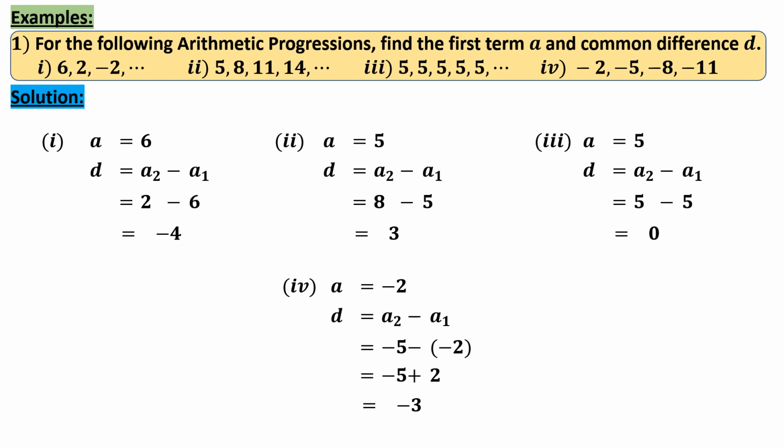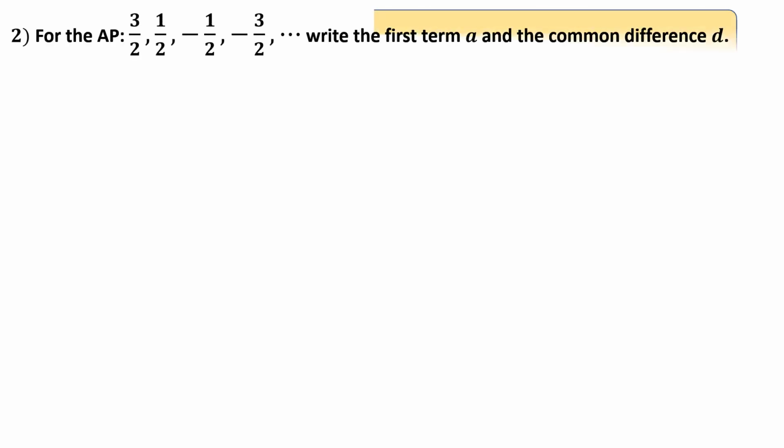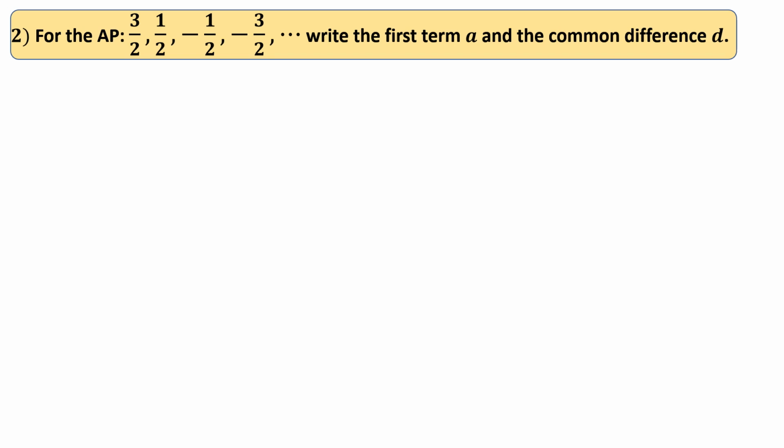We are done with the first example. Now consider the second example. For the AP, 3 halves, 1 half, minus 1 half, minus 3 halves, and so on, write the first term a and the common difference d.